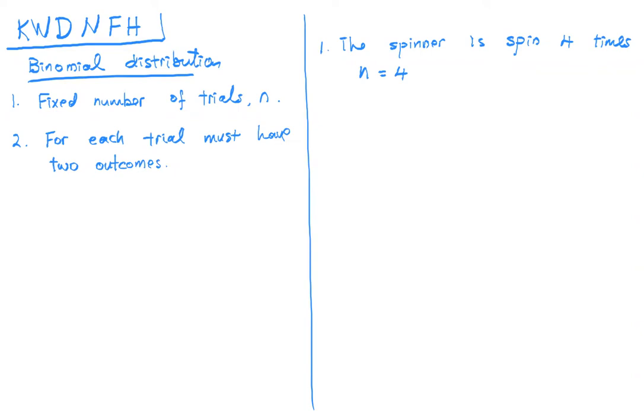Okay. So the outcome is, one is called success, and the probability of success, we use the symbol P to represent.